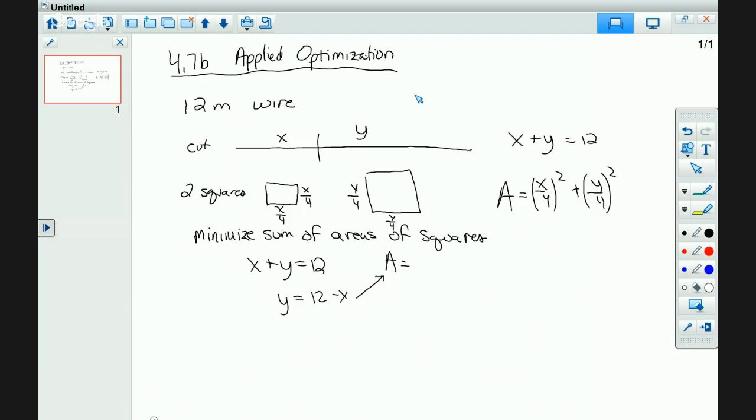Substitute, I guess that would be the formal math word. And you can simplify that.